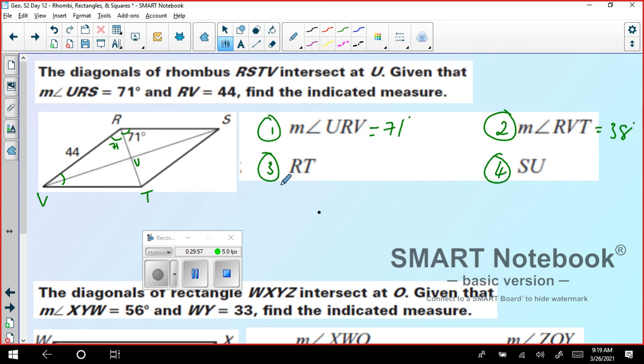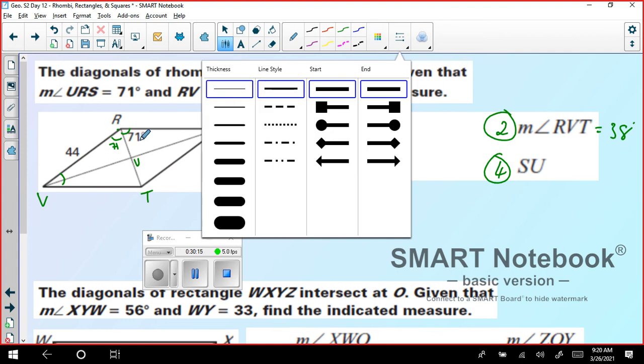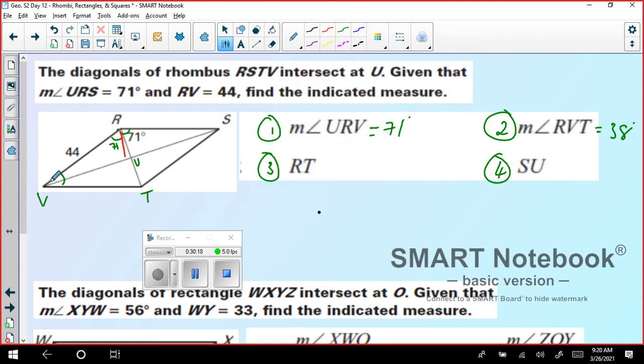Next let's try the harder ones. To find RT, let's observe only the right triangle RUV. Because it's a rhombus, the diagonals will bisect in a manner such that I get 90 degrees.